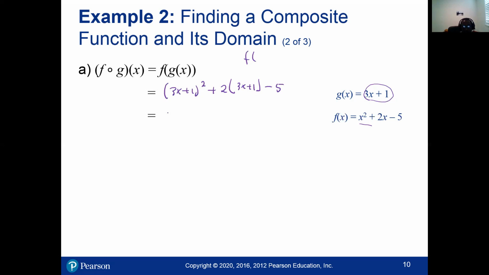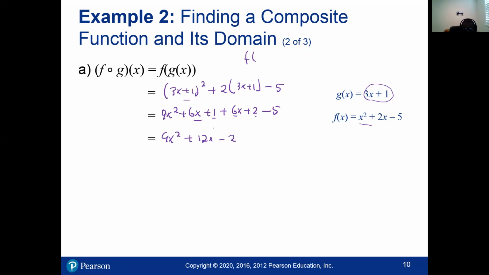And so when we expand, this gives us 9x squared plus 6x plus 1 for the first term, then plus 2 times 3x, that gives me 6x plus 2, minus 5. Okay, so that gives us 9x squared, then 6x plus 6x is 12x. 1 plus 2 is 3, minus 5 is negative 2.